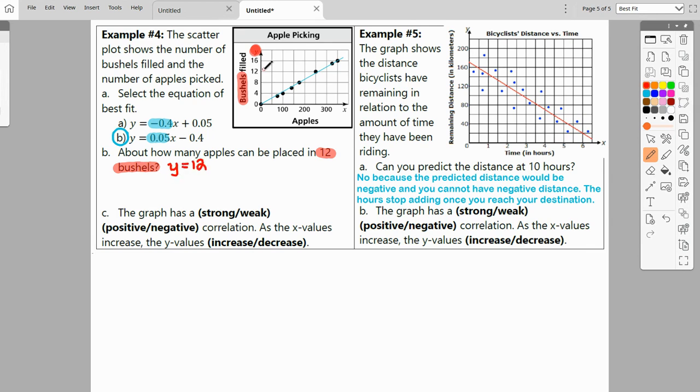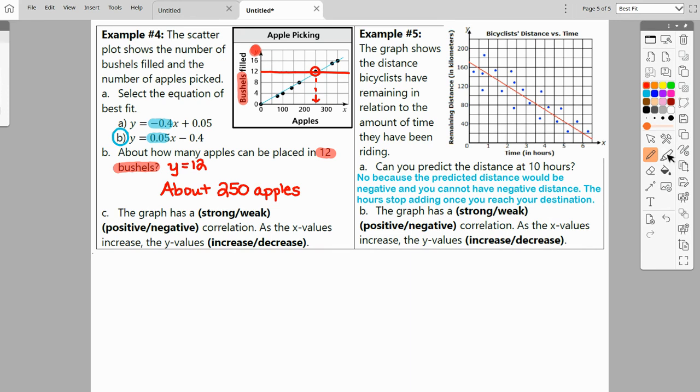Well, when y is 12, I look horizontally across that whole line, and I see the point in my data approximately at the x value of between 200 and 300. We'll say 250 as an about. And of course, we want to label it and answer the question of apples. Use the label of your x-axis to label it here.